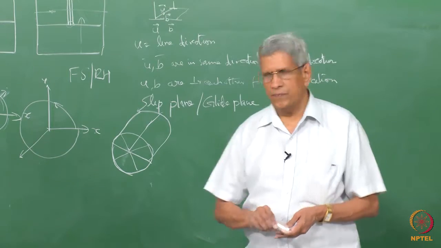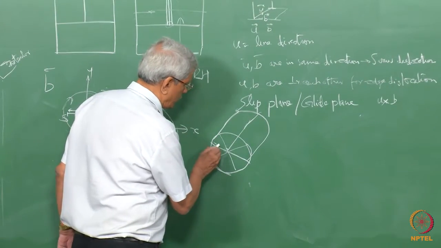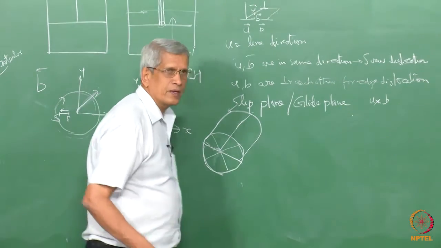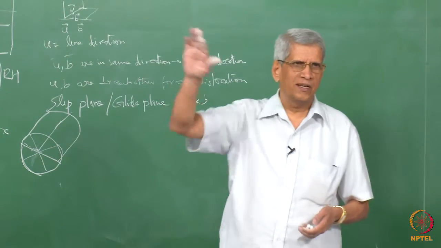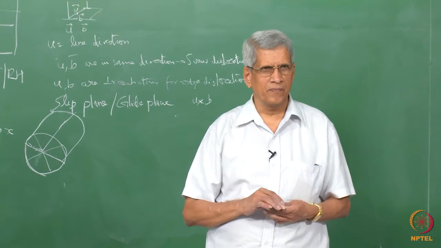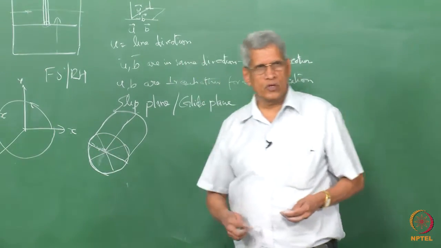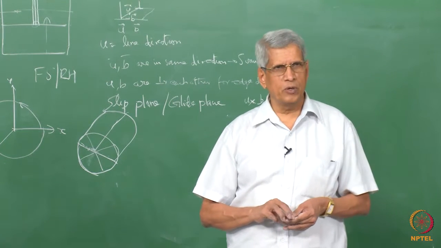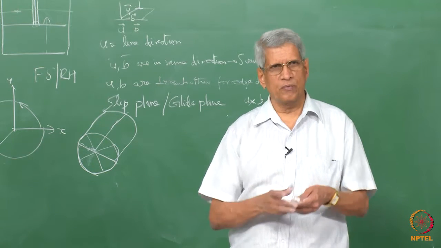Suppose in this particular plane the atoms are all densely packed, then the roughness will be less, right? That's the plane on which it can move very easily. Whereas if some other plane is very rough, it will not be able to move very easily, or the energy required is going to be very high.